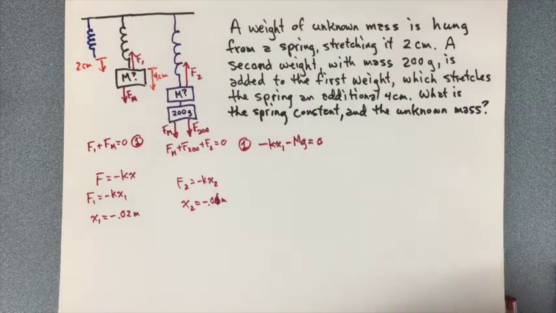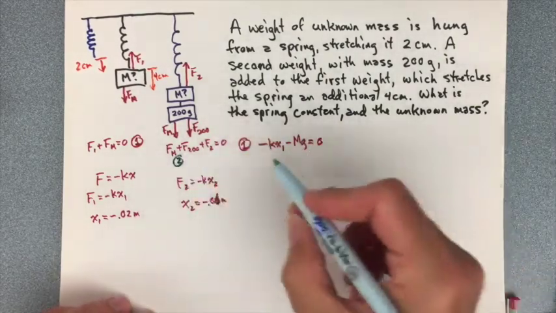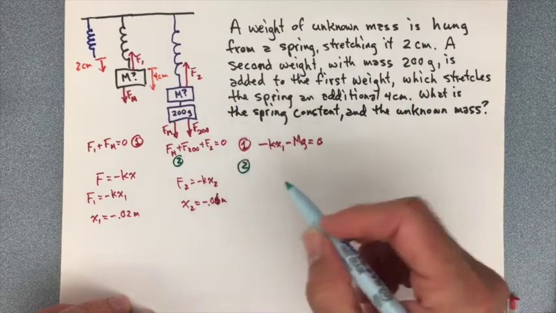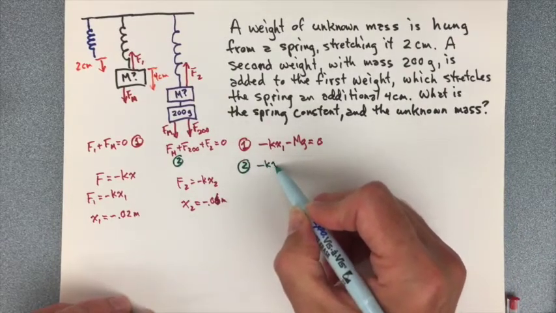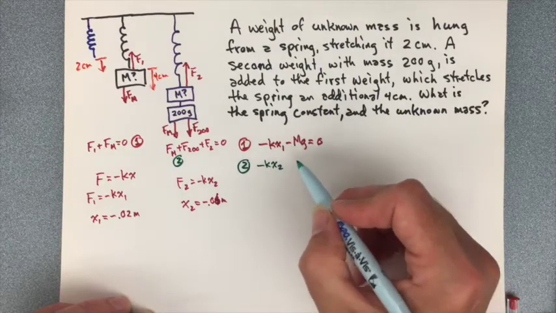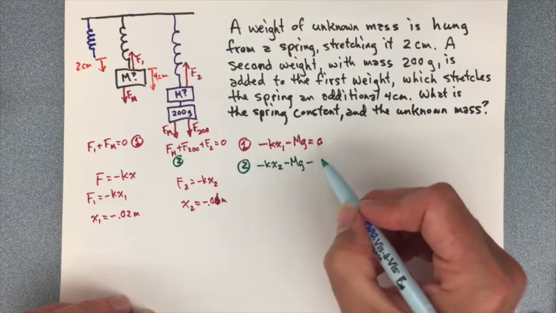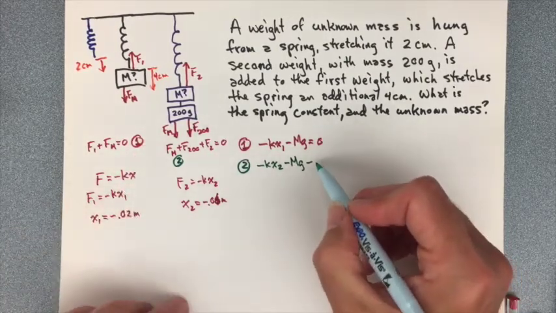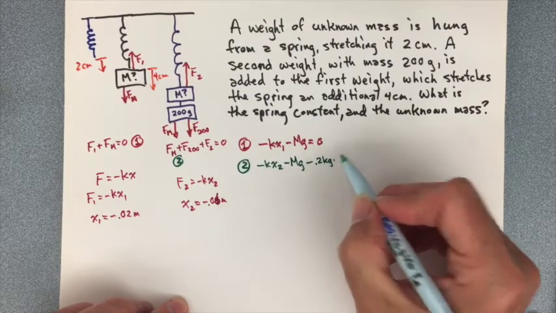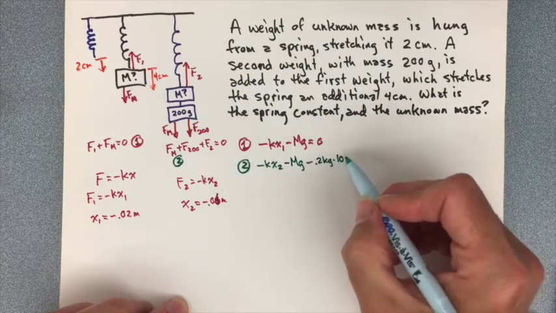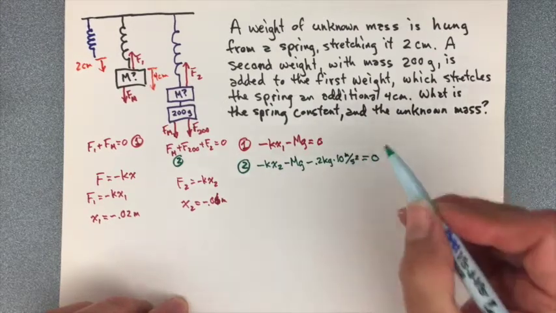And let's write the second one in a different color. So this second one here gives me minus kx2 minus mg, minus mg again for this second mass, which is 0.2 kilograms times g, which I'm going to approximate as 10 meters per second squared, and that's equal to 0.